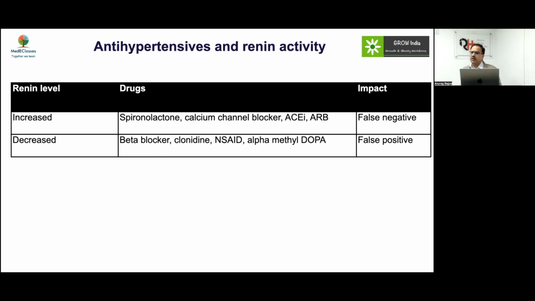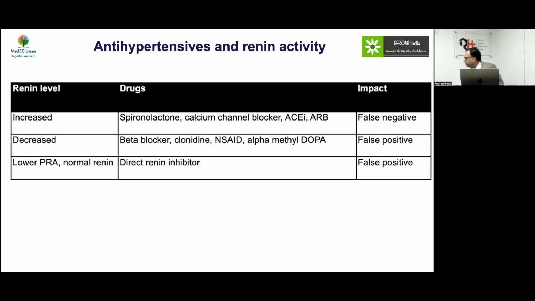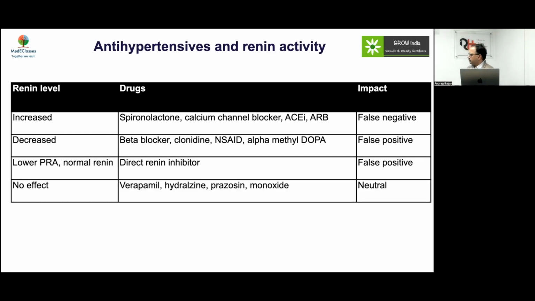So these drugs should be avoided. Direct renin inhibitor is not very commonly used now. That also causes a confusing scenario in which your PRA is less because you are antagonizing renin. So your bioactivity is less, but your immunoactivity is normal, because your renin content will be normal, but this is something which is not really commonly used.